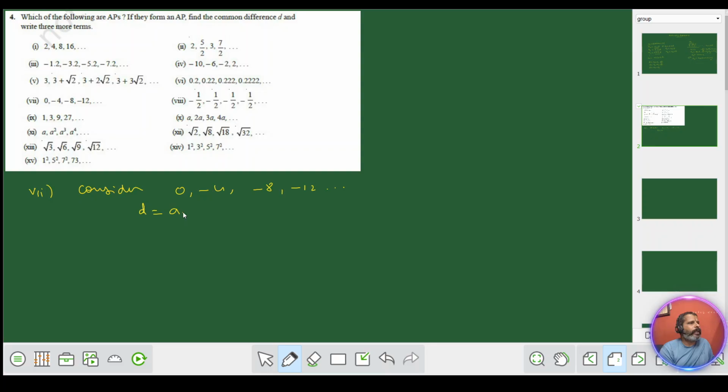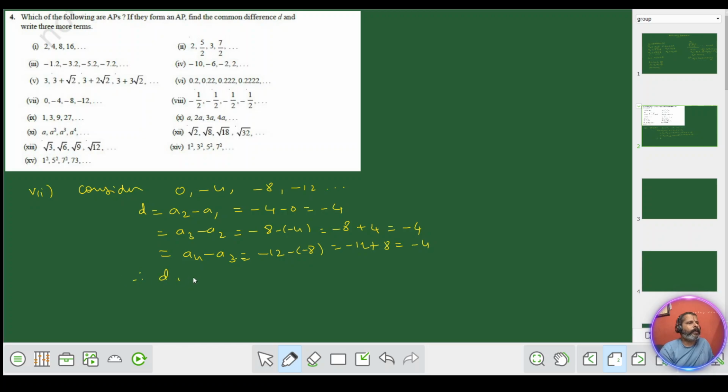See, d is a2 minus a1, minus 4 minus 0 is minus 4. a3 minus a2 is minus 8 minus of minus 4, minus 8 plus 4 is minus 4. a4 minus a3 is minus 12 minus of minus 8, that is minus 12 plus 8, which means it is minus 4.